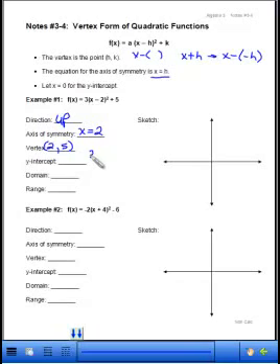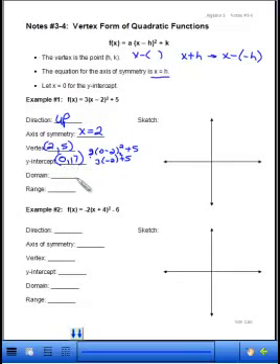So we have 3 times (0 minus 2) squared plus 5. That's 3 times negative 2 squared plus 5. So that's 4 times 3 is 12, plus 5 is 17. So the y-intercept is the point (0, 17).